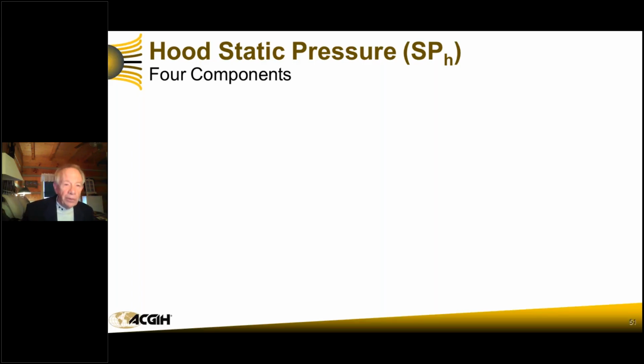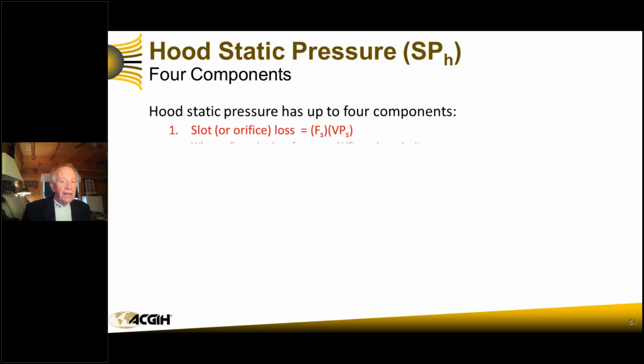There are 4 components that contribute to that. Number 1 would be the slot loss. Well, we've already told you that the slot is only half of the hoods that we will design, and that's only in the case where you have a compound hood. So as a simple hood, we won't even take that into effect.